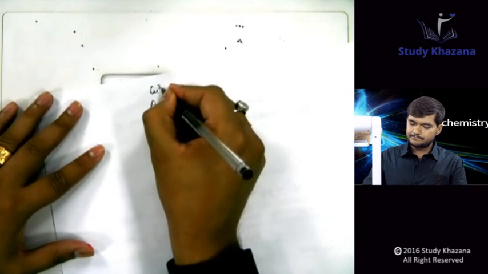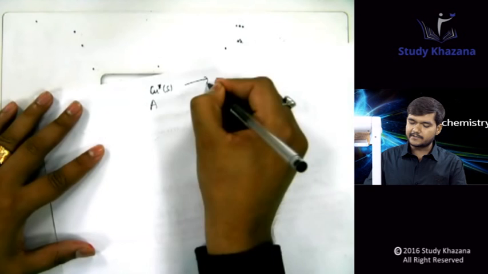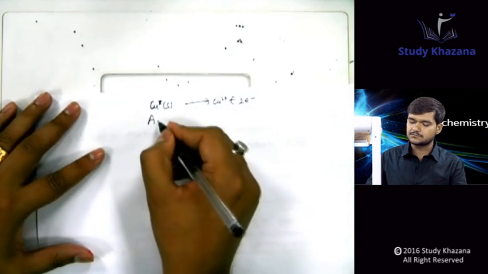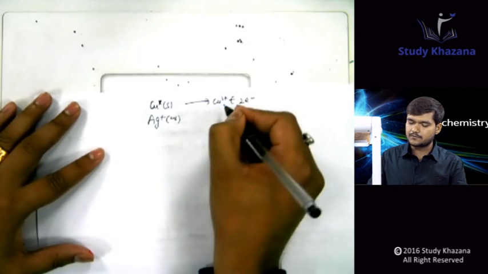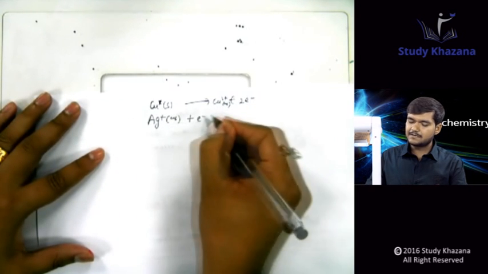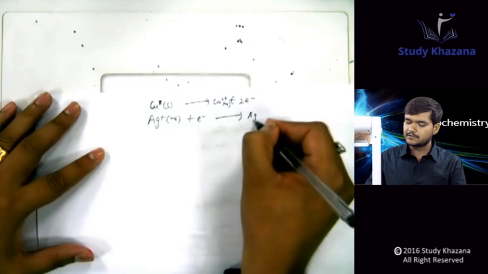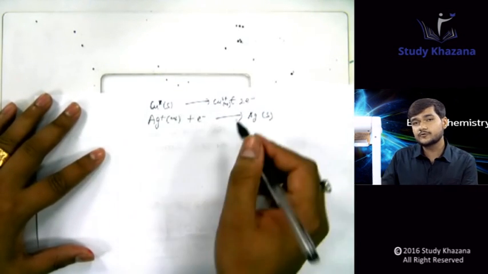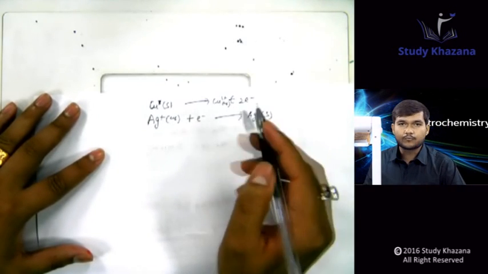Cu solid gives rise to Cu2+ plus 2 electrons. Now Ag+ aqueous plus an electron gives rise to Ag solid. Now what have I told you? I have told you the electrons must be cancelled out from both sides.